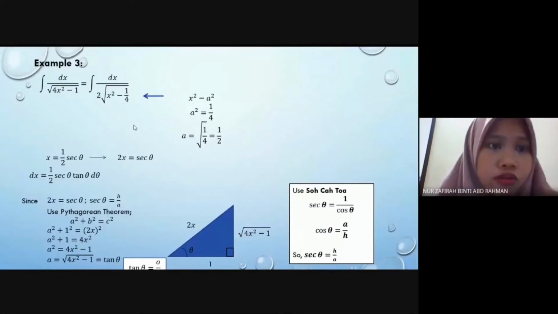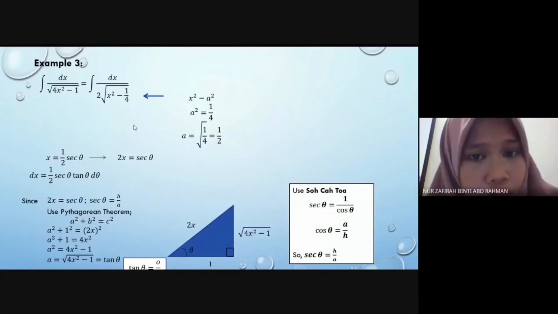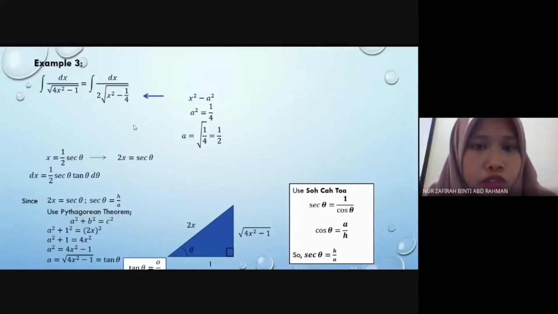To determine which trigonometric substitution we want to use, we look at the denominator. For example, this question is of the form x squared minus a squared.